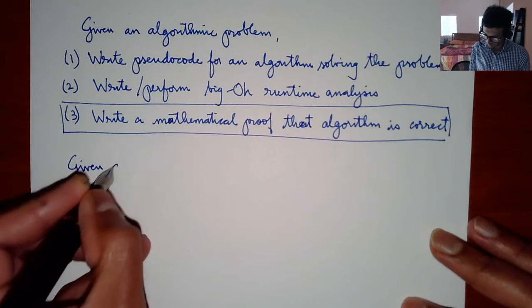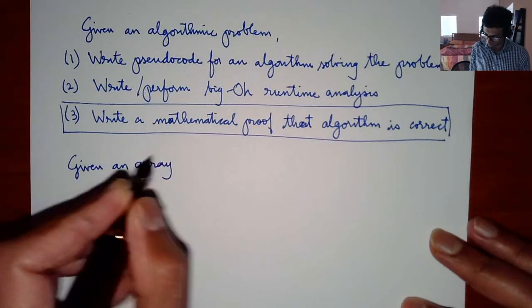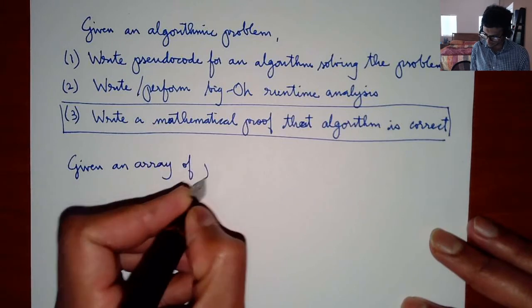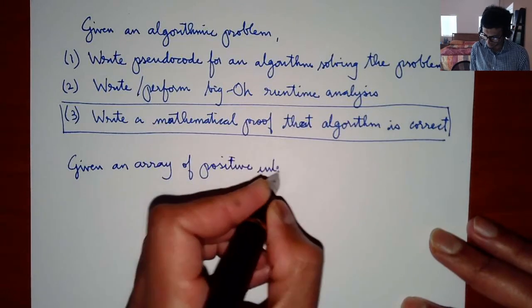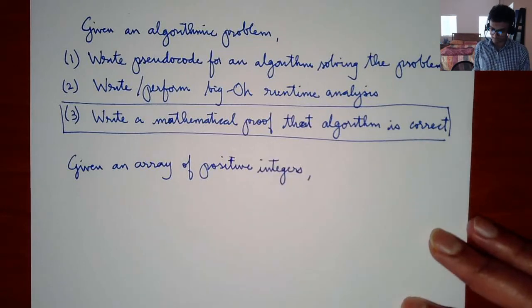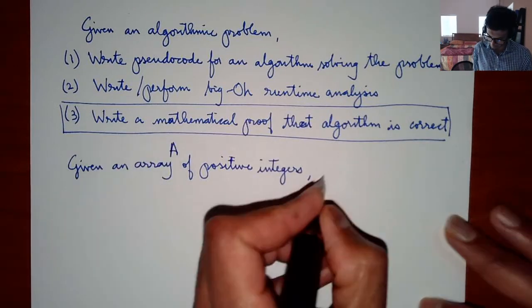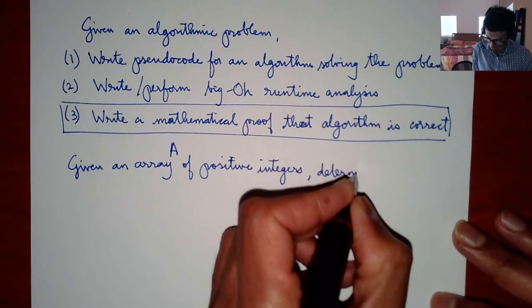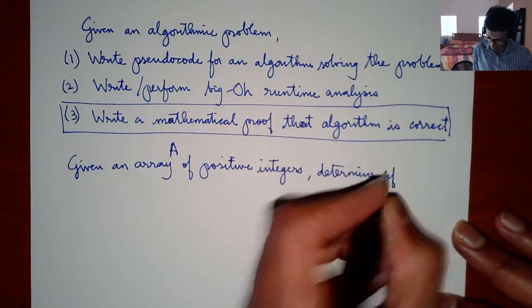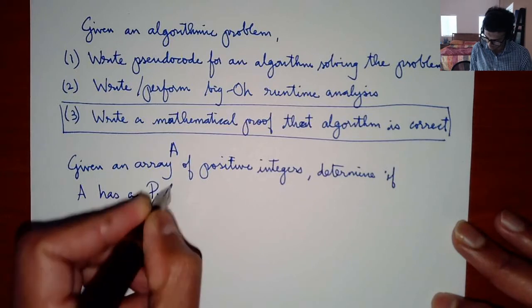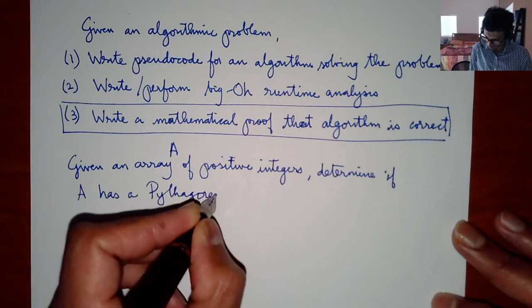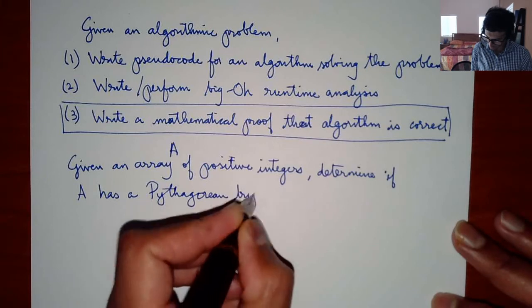Given an array of, I'll say, positive integers, array A, determine if A has a Pythagorean triple.